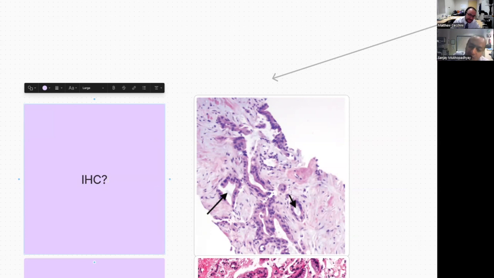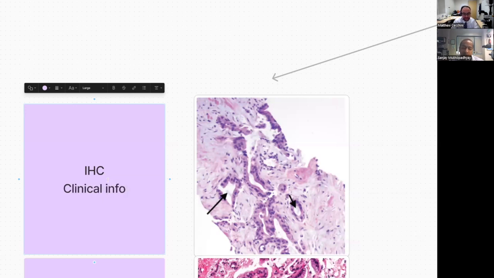I'll give you what I do in real life, what I really do with these cases. I understand that people who don't have any clinical information, like if you're sitting in a small lab with no access to clinical records and your clinician doesn't talk to you, might be stuck.